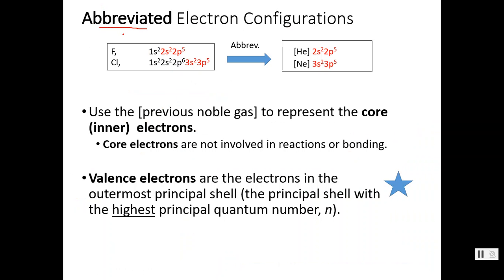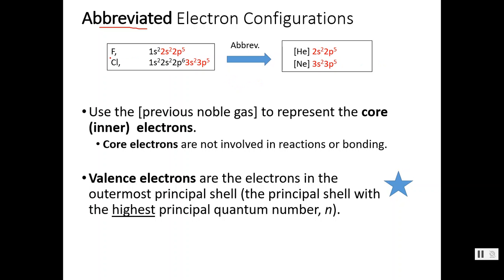Writing it requires you to put in brackets the closest previous noble gas, and then you write the rest of the electron configuration as it is in the full or regular electron configuration.